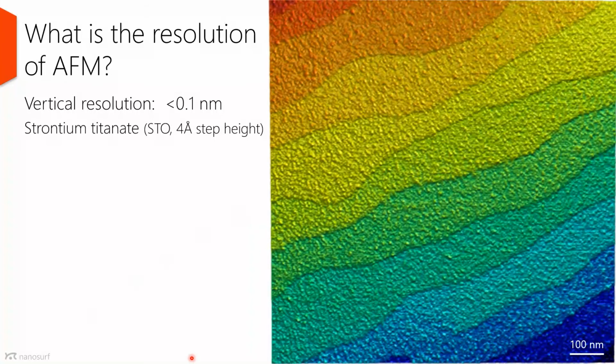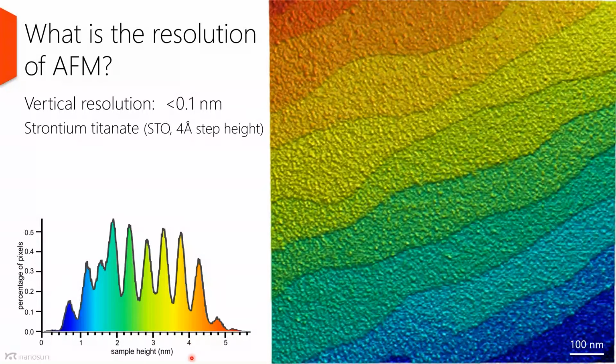We can now calculate a height histogram of this image, and we see that there are a number of peaks, and each peak corresponds to one of these layers as they are separated by 0.4 nanometers from each other. Also seeing that we can nicely separate these peaks, we can clearly state that the resolution that we get is well below 0.1 nanometer in this case.